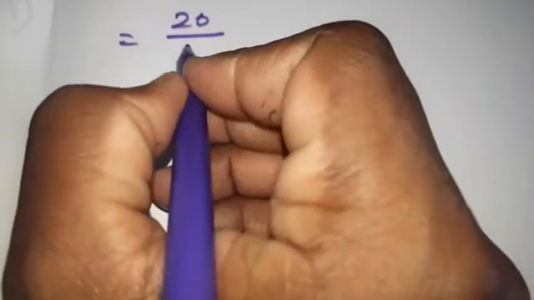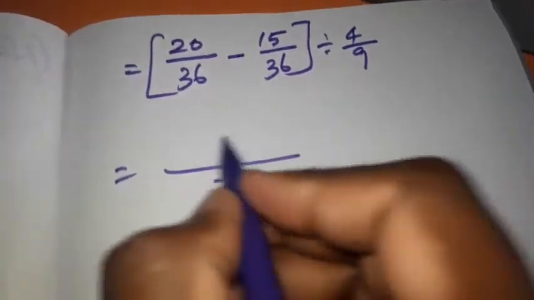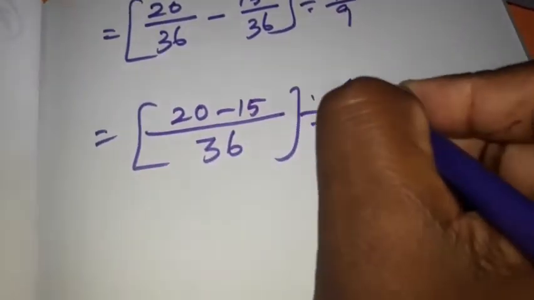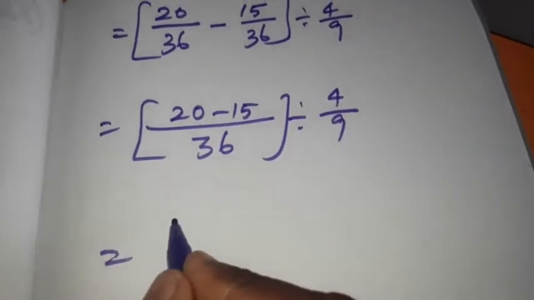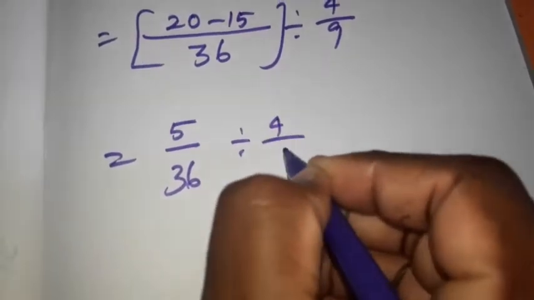Next step, 5 4s are 20, so 20 by 9 4s are 36, minus 5 3s are 15 by 12 3s are 36, divided by 4 by 9. The denominators are the same, 36, so subtracting numerators, 20 minus 15 is 5. 5 by 36 divided by 4 by 9.